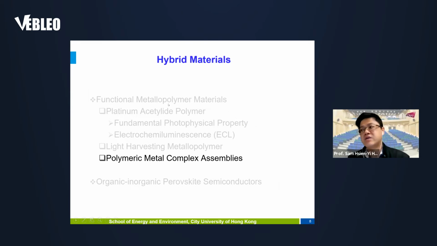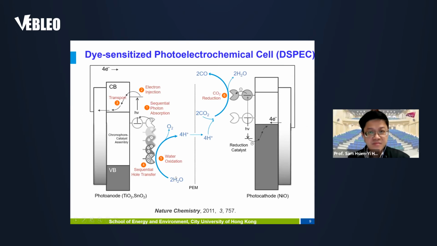Now, I would like to introduce another study we are working on. We are interested in the dye-sensitized photoelectrochemical cell. By using this dye-sensitized photoelectrochemical cell, we can produce oxygen, reduce carbon dioxide to carbon monoxide, or reduce water to hydrogen.